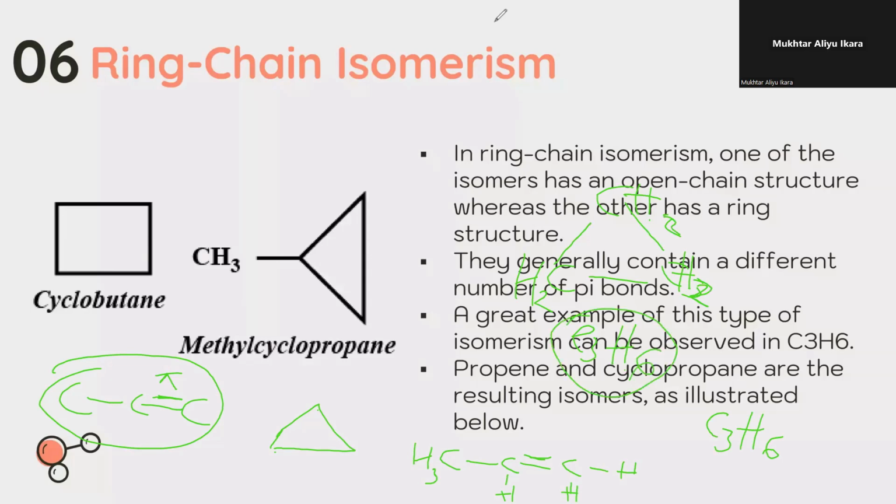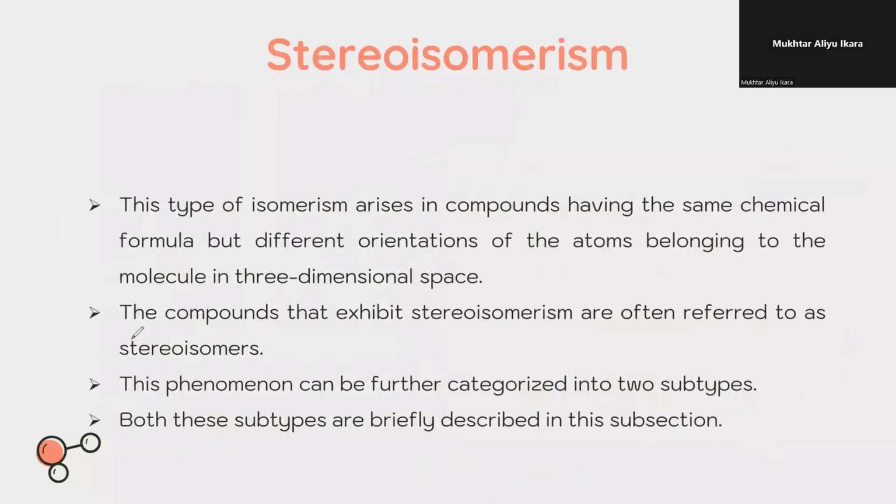You see they have the same number of carbon and hydrogen atoms, but the structures differ. This one has an open chain and this one has a ring chain. So this type of isomerism is called ring chain isomerism. And in ring chain isomerism, one must have a linear chain and the other must have a ring chain.